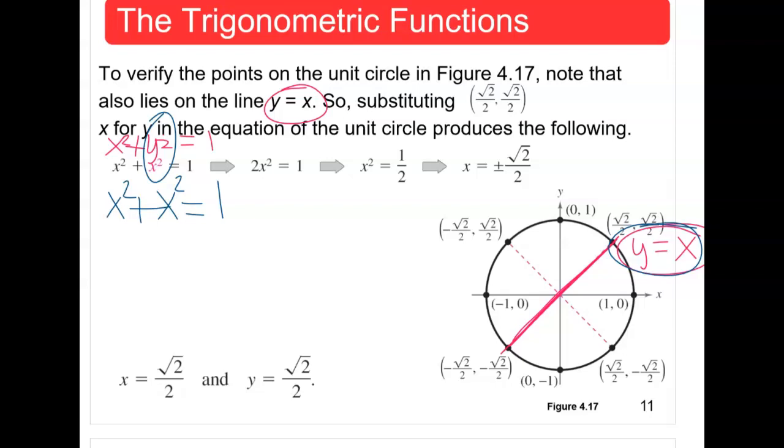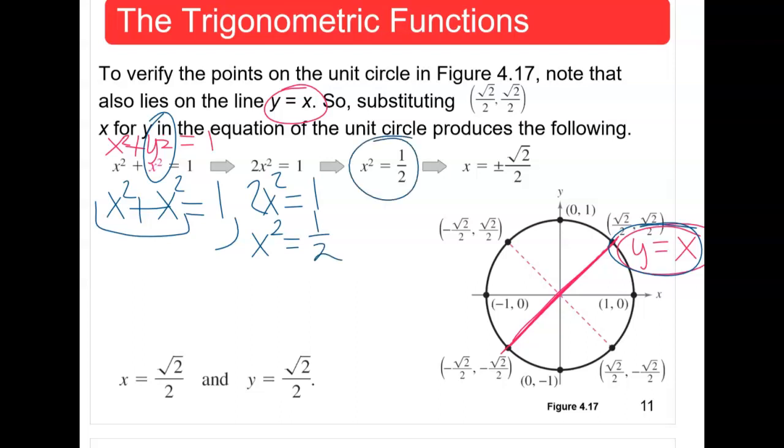And from here, if we combine x squared plus x squared, we will get 2x squared is equal to 1. If we're trying to solve for x, the next step will be to divide by 2. So we will get x squared is equal to 1 over 2, which is what we have here.